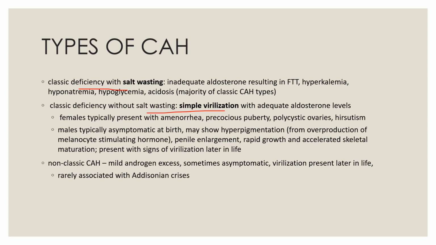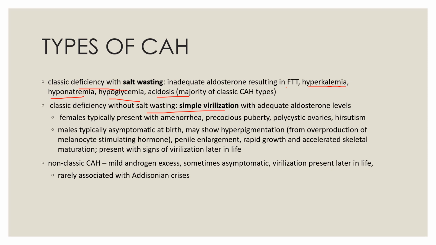With salt wasting means inadequate aldosterone, which results in failure to thrive. Aldosterone normally increases sodium and decreases potassium. So if there is inadequate aldosterone, there can be hyperkalemia, hyponatremia, hypoglycemia, and acidosis. This is the majority of classic CAH types.